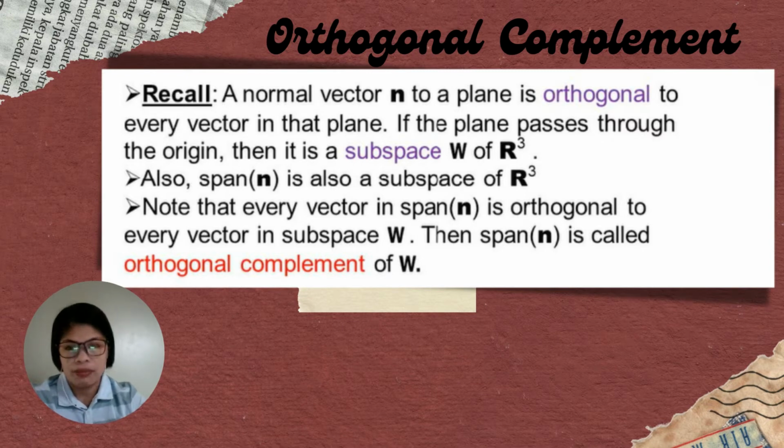Span n is also a subspace of R cubed. Note that every vector in span n is orthogonal to every vector in subspace W. Then span n is called the orthogonal complement of W.